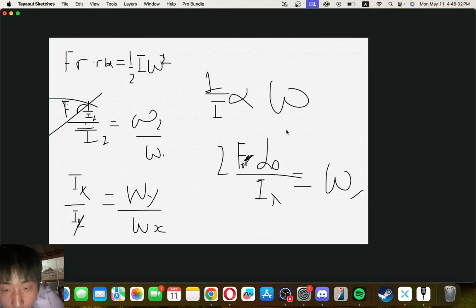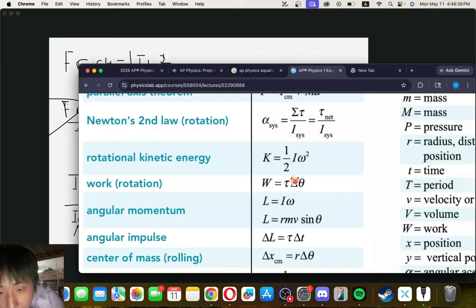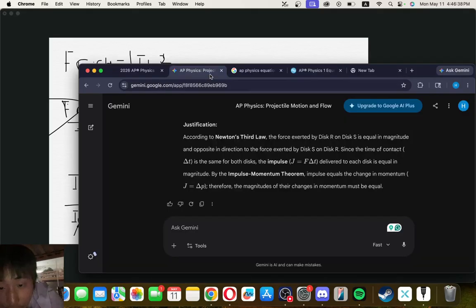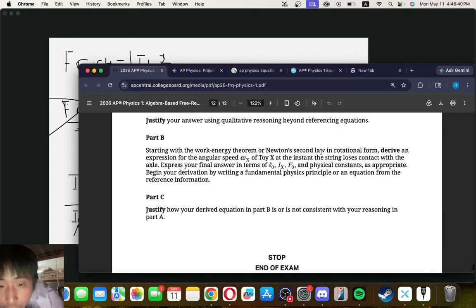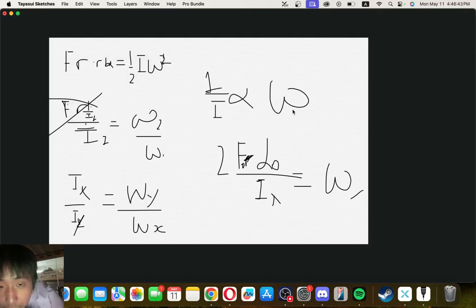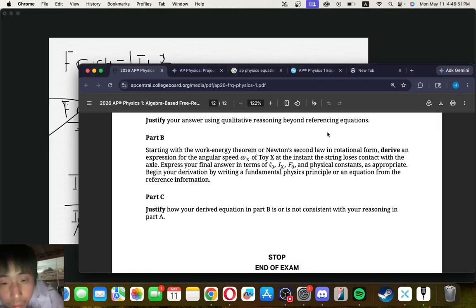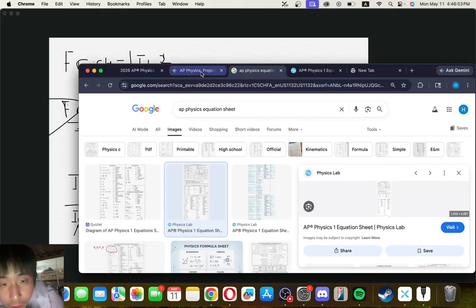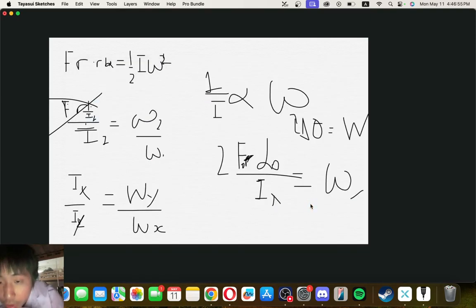Well, torque is obviously equal to FR, and then the work, it said work energy theorem, right? Work energy theorem. So we started from torque, change in theta equals work. So, does R change in theta ring a bell?